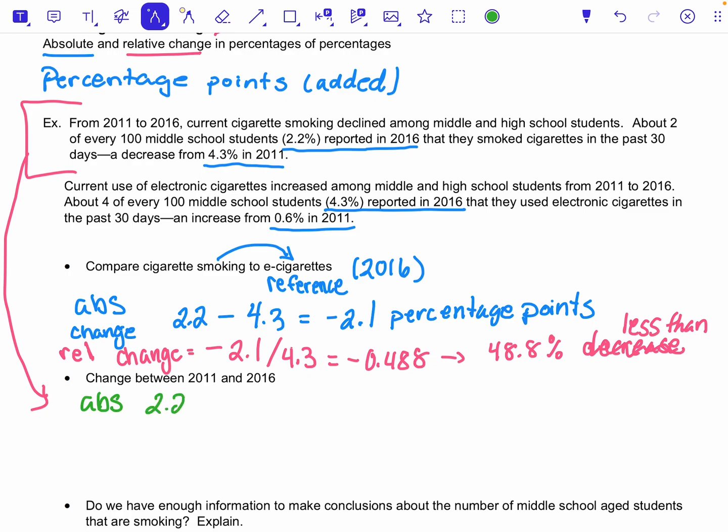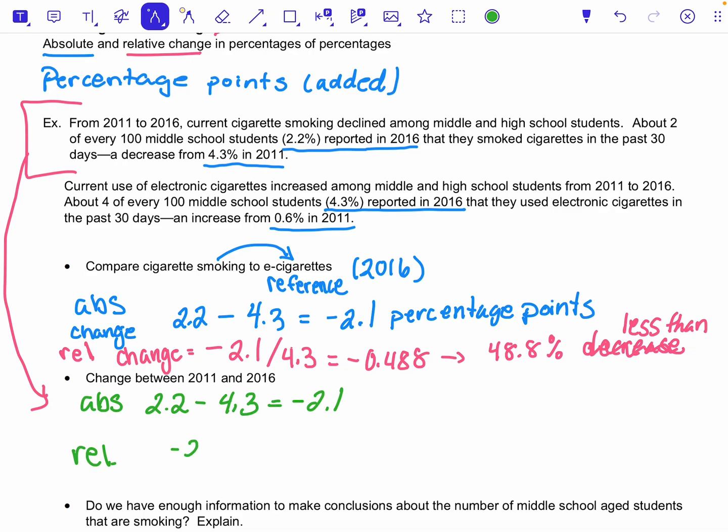So the 2.2 minus my original value would be negative 2.1. It happened to be the exact same absolute change as our previous problem. So there was a decrease of 2.1 percentage points between 2011 and 2016 for junior high and high school smokers.